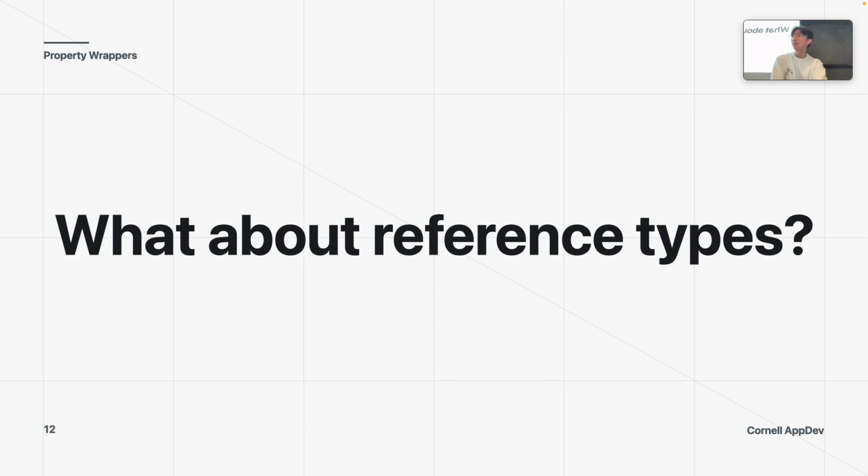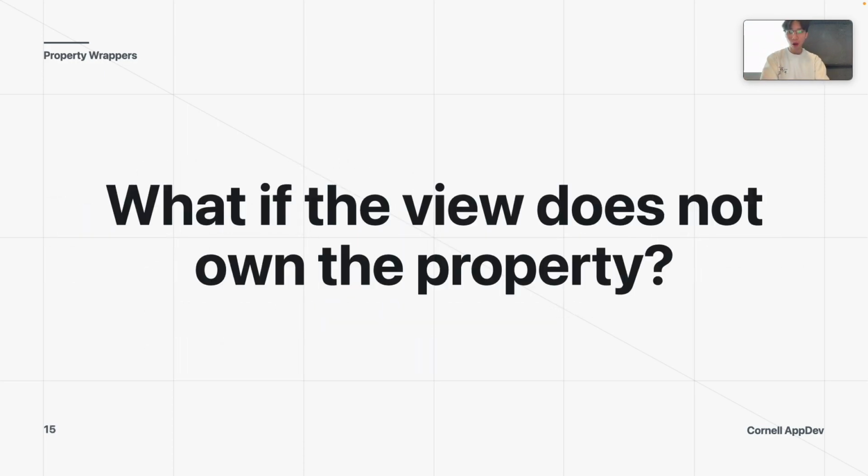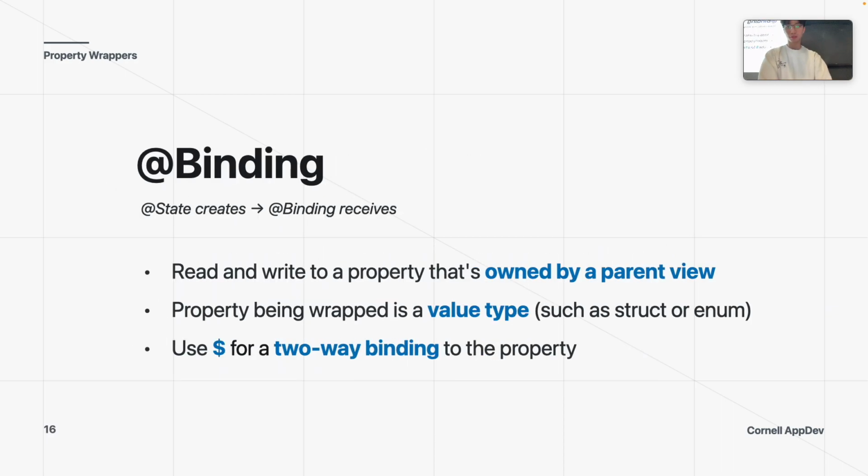What about reference types? So this example that I just showed you guys, I was using a value type. I was using an integer. But what if my property is a reference type? So I'll demo.